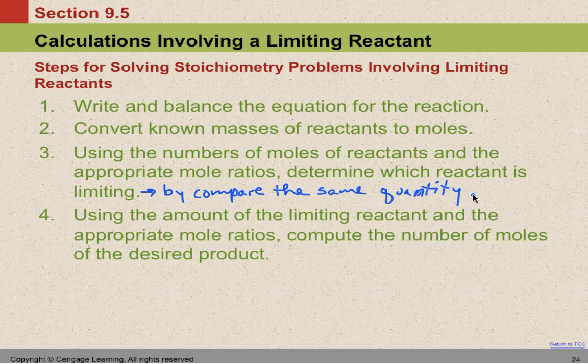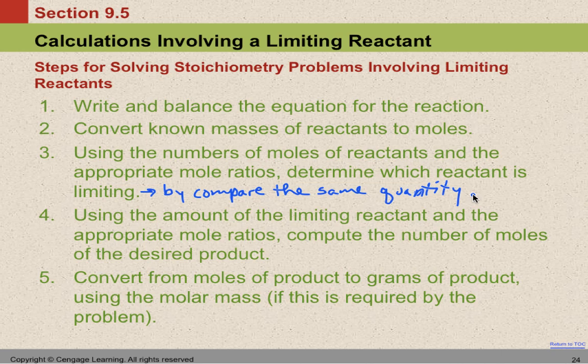Hopefully you'll see what I mean as we go into some examples. Alright, so moving on, number 4, using the amount of the limiting reactant and the appropriate mole ratios, compute the number of moles of the desired product, and then from there convert to grams of the product either using the molar mass or by using the 22.4 liters per mole for a gas at STP.